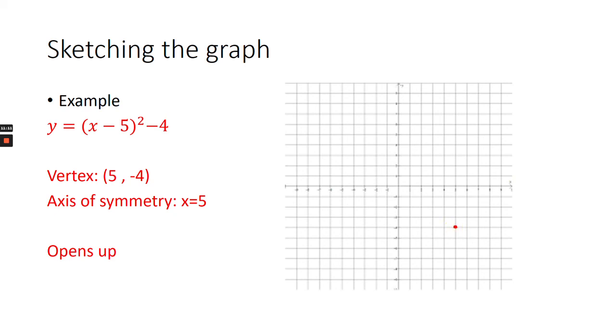And now notice, guys, like I shared, there's no number outside for our a value, so we can assume that it's just going to be positive 1. So we know it's going to open up. And it's basically going to be the same scale as our parent function.